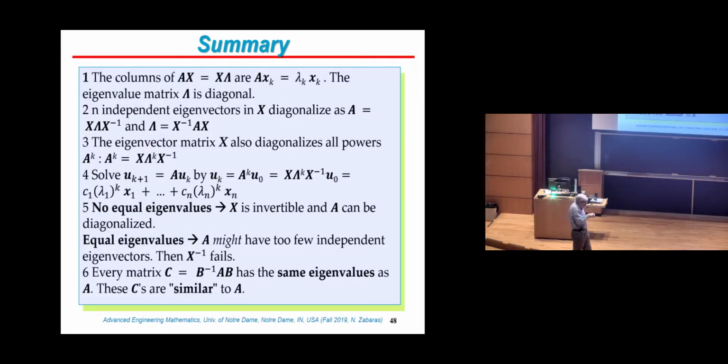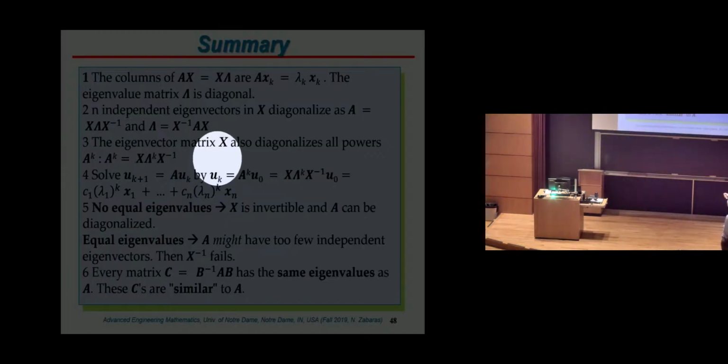So basically, if you know how to write your initial condition in terms of eigenvectors, you have a general formula for computing the state at time k.